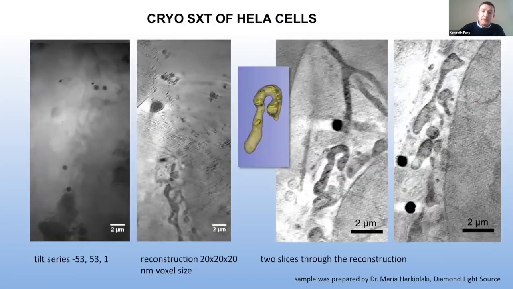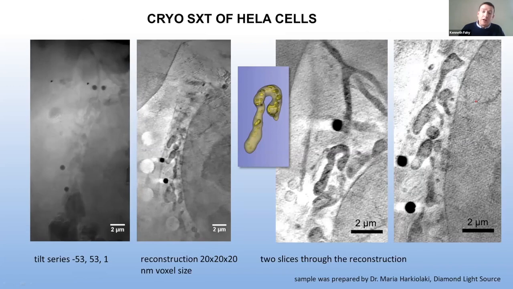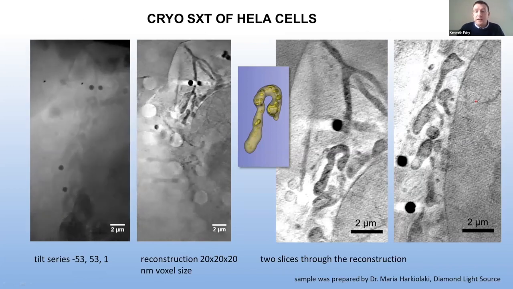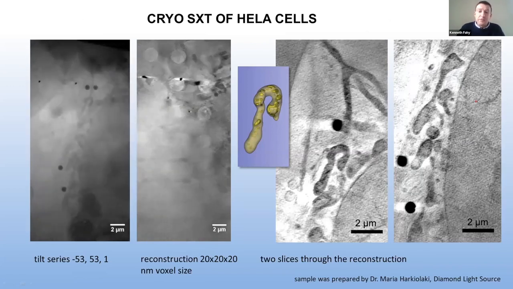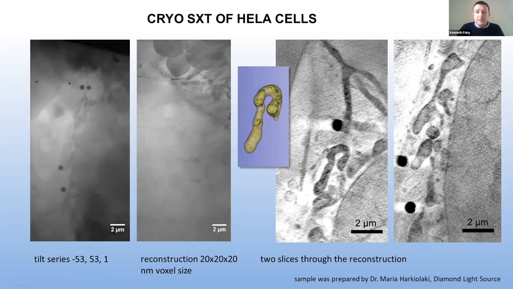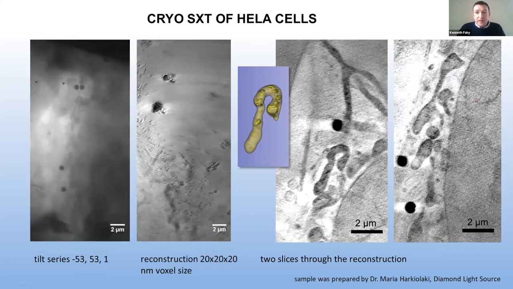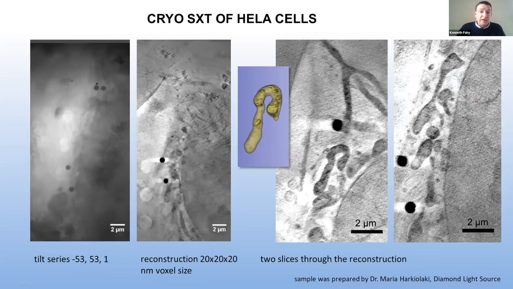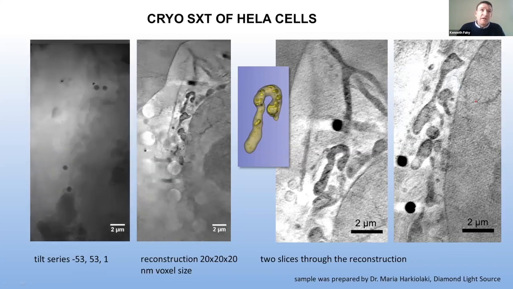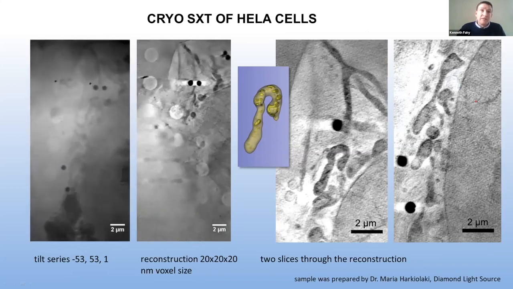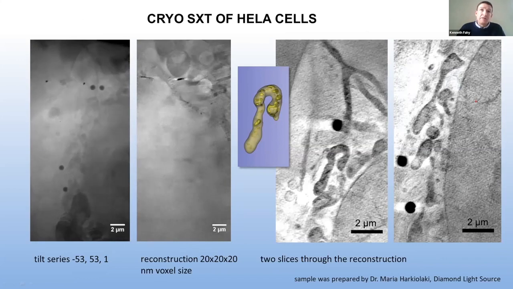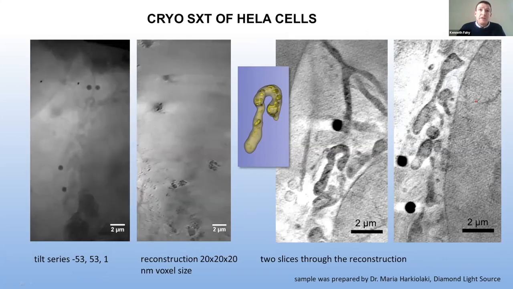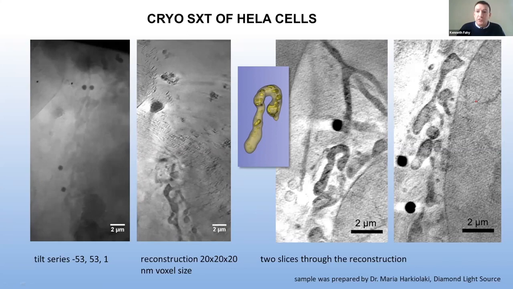Here's another study done on cells provided by Maria Harkiolaki from the Diamond B24 microscope. It's a 3-micron thick cell at the cytoplasm and about 5 microns at the nucleus. On the left-hand side, you can see the raw tilt series. On the panel next to the right, you can see a flipping through the orthoslices of the reconstruction.